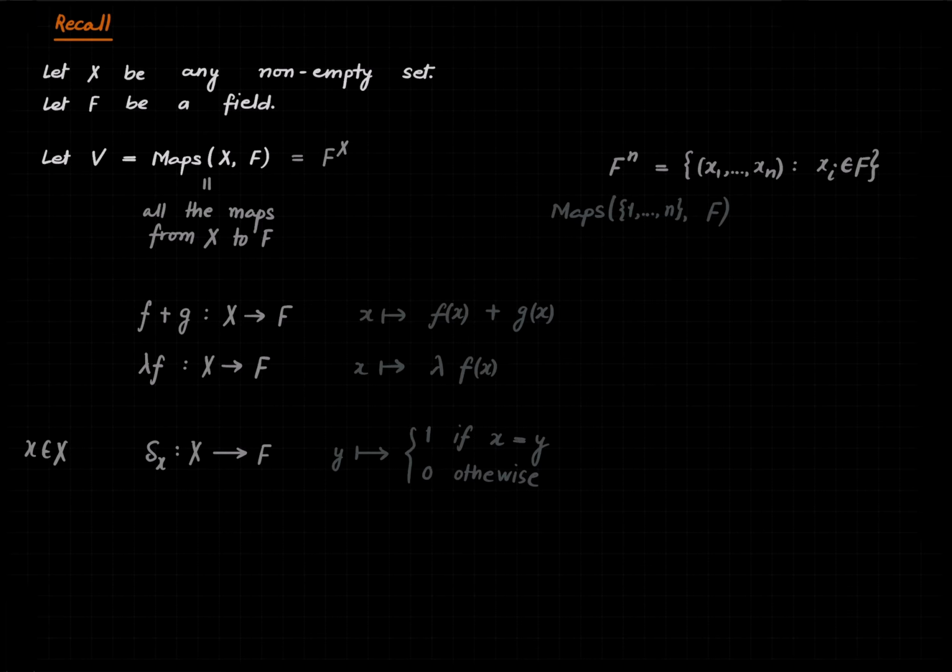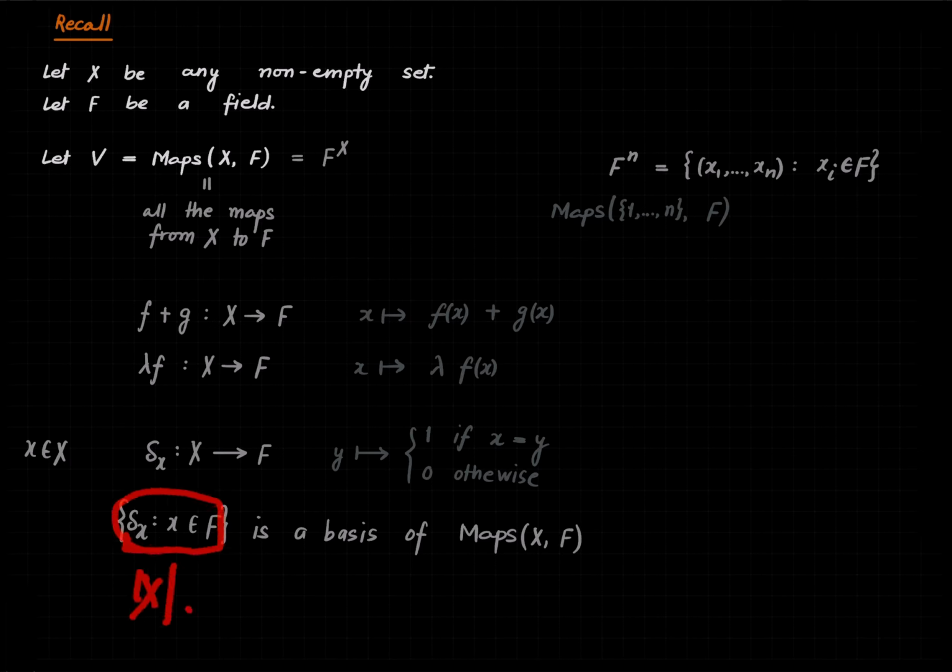And you can easily prove that this is a basis. Let me write it as a set. So the size of this set is clearly mod X, and therefore the dimension of this guy is mod X.